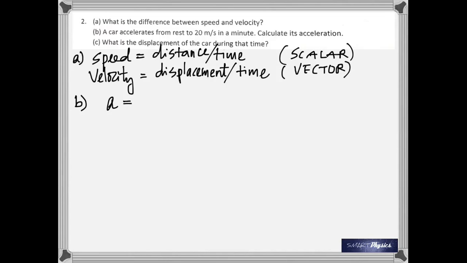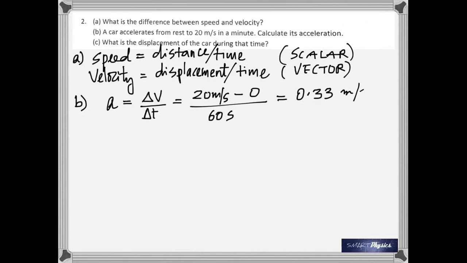Okay, now it's acceleration. The initial velocity is 0. Acceleration is change in velocity divided by time. So it's 20 minus 0 divided by 60 seconds, which is 0.33 meter per second squared. That's the acceleration. And what is the displacement of the car during that time?